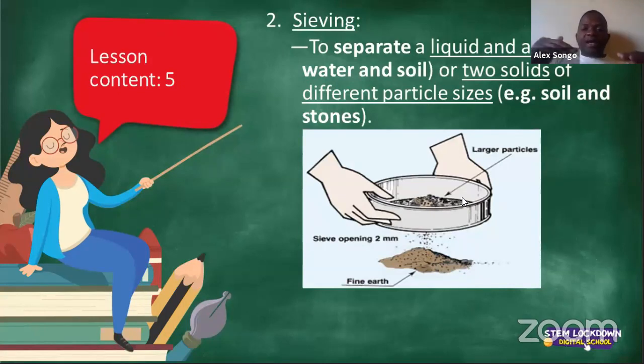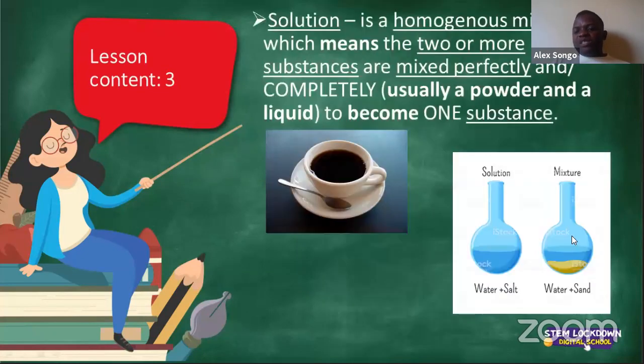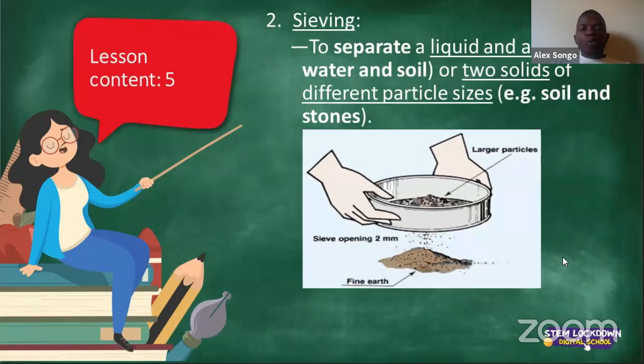So you would have the liquid, maybe you've got rocks that are combined with water. Remember that picture that is here. So if you want to separate this mixture, I'm just moving the cursor. It will be very difficult to use your hands to separate this. We cannot do that. If you do that, it will take you forever, and that separation will not be perfect. However, ladies and gentlemen, sieving, which is number 2 on the types or methods of separation, assists us.